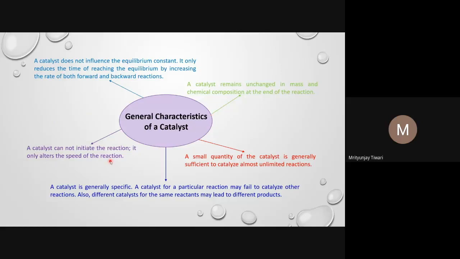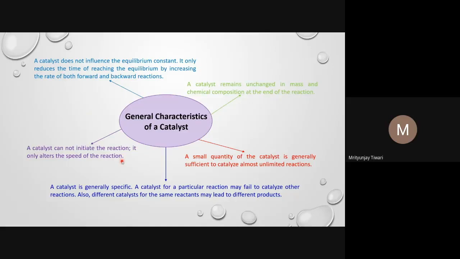A catalyst cannot initiate the reaction, it only alters the speed of a reaction. It means if the reaction is not happening between two reactants, if the reaction is non-spontaneous in a given direction, a catalyst will not alter the thermodynamics that we know. It will not alter the thermodynamics of the reaction.